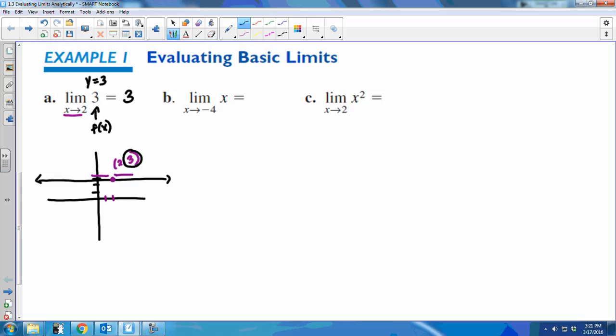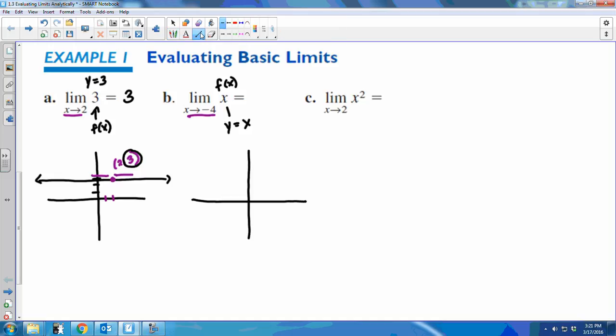Same thing for the next one. Limit as x approaches -4 of x. Well, x again is just your f of x. That means we're graphing the line y equals x. So if we look at a graph, x approaches -4.